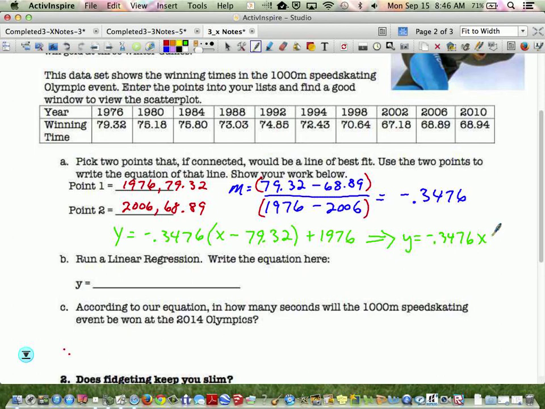I followed the times negative 79.32 and I got 2003.57. Okay. So what that's telling you is the race started in 2003, which doesn't really make sense for us, but that's the intercept for the problem.